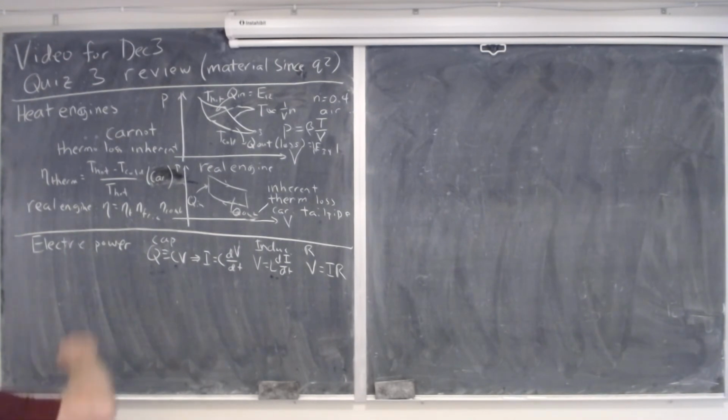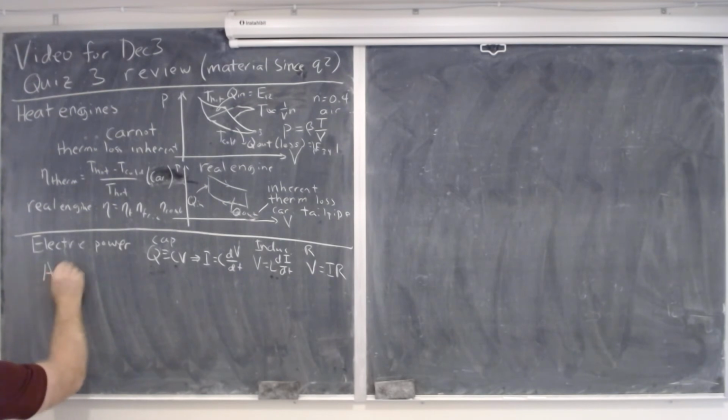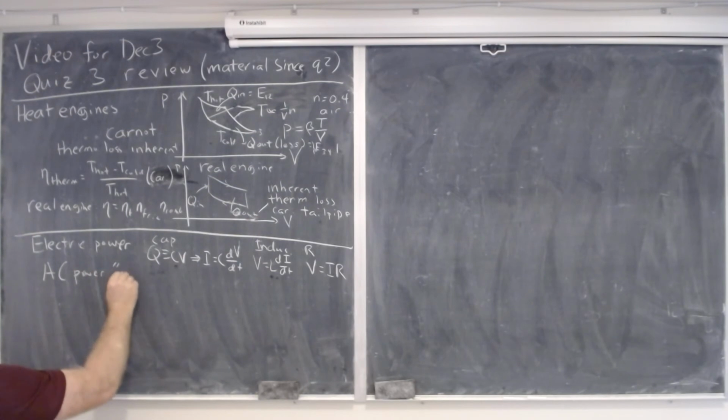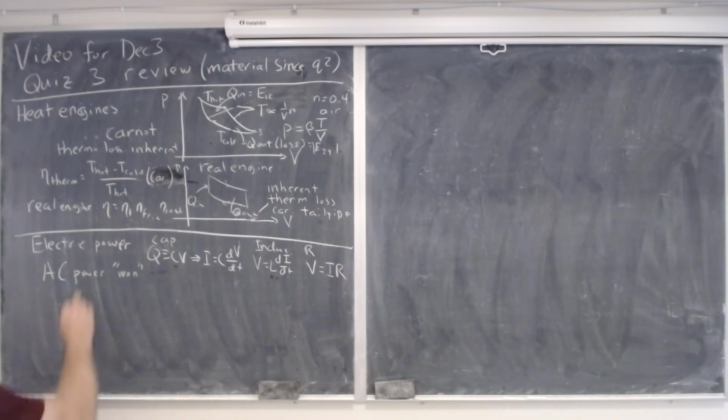But the points besides RLC that I want to get across are, okay, AC power. There are all kinds of interesting popular movies about that, Tesla versus Edison, which is kind of interesting. And it won because of the transformer.